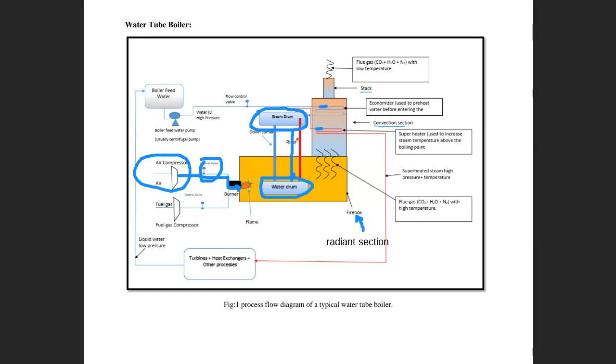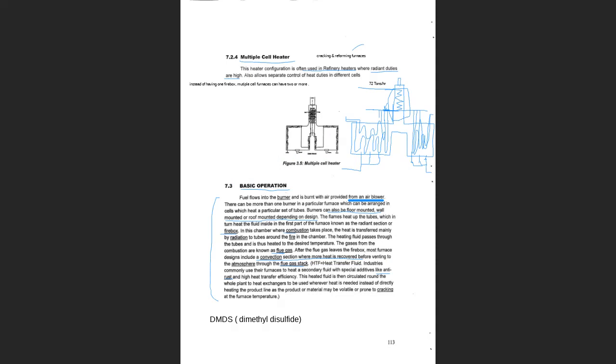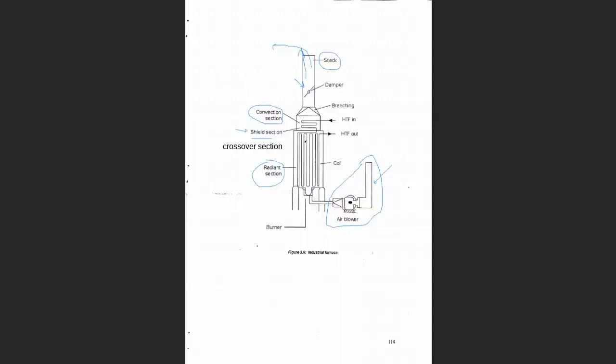So the pressure of air flowing into the boiler or the furnace is more than the atmospheric pressure. In a forced draft furnace, the pressure inside the firebox is above the atmospheric pressure.